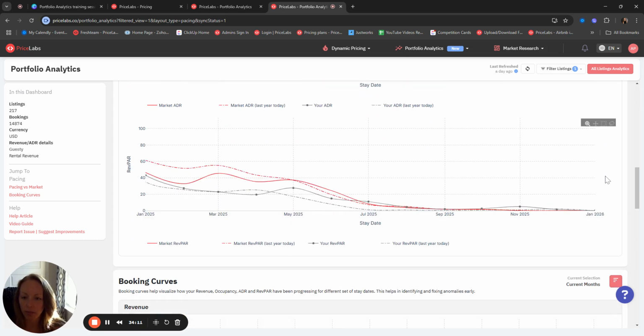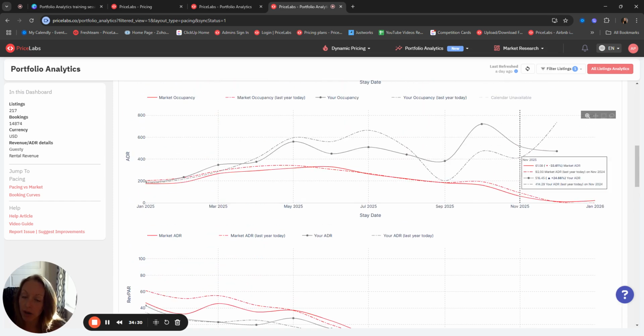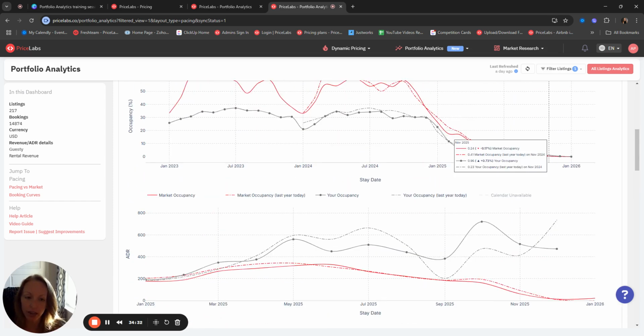Moving right along to RevPAR. So this is going to be the balance between the two. And again, looking for anything that can help you make a decision. So based on pacing, I'm seeing November in particular is pacing ahead. Well, what's driving that? Is that ADR? It might be the ADR because it looks like the occupancy is low.